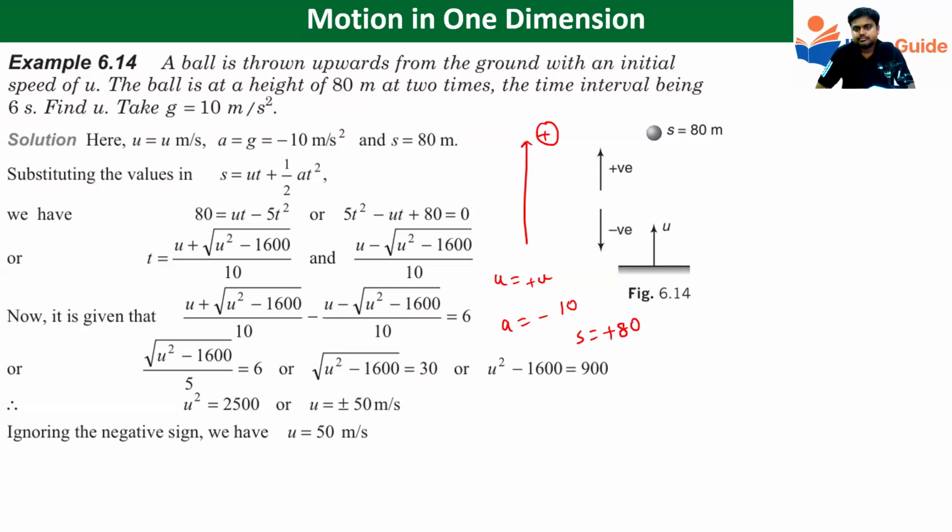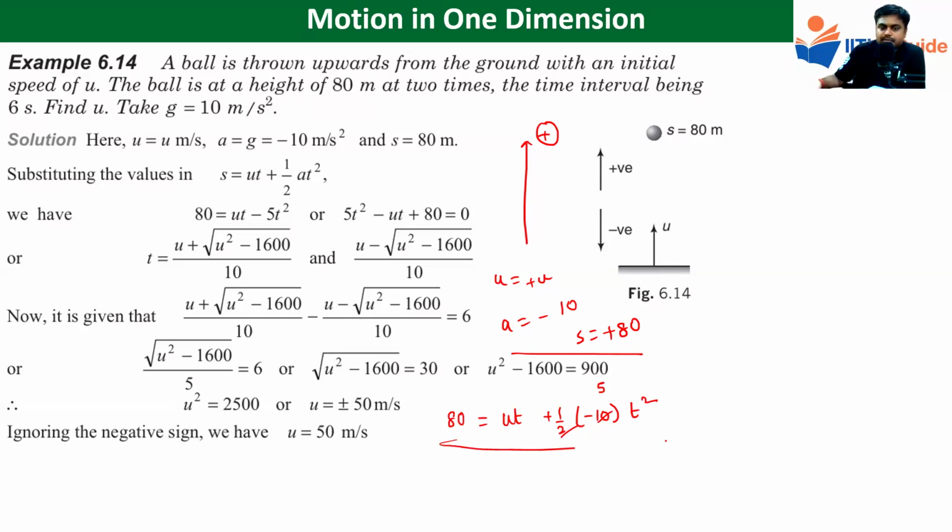Is it clear? Yes, we can assume any direction, but the calculation will be same only. So in this case, 80 is equal to ut plus half a t square. So this is 5. So therefore, this is 80 equals ut minus 5t square, if we have taken above as positive.